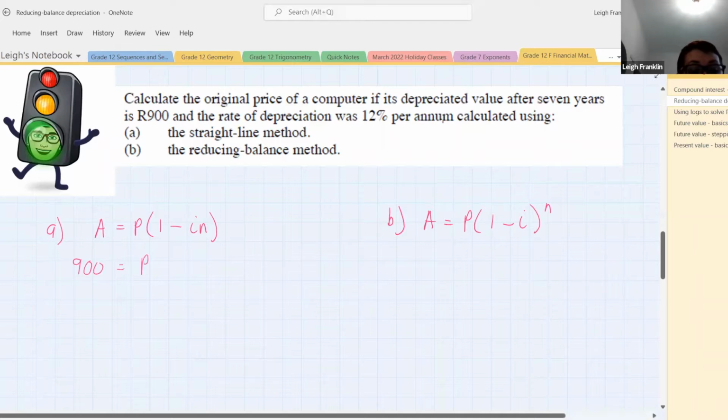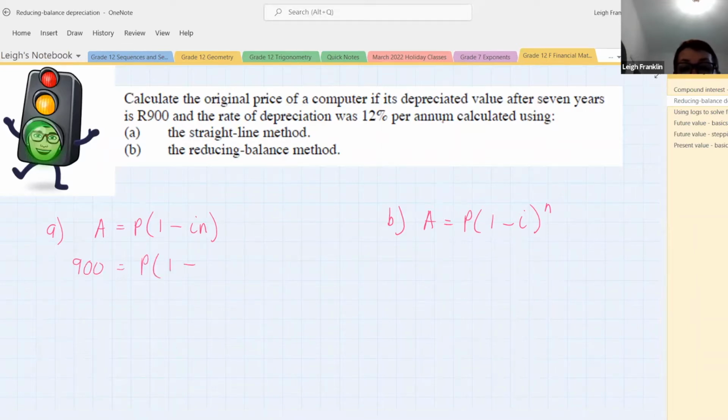So A equals P(1 minus our interest rate, which is 12% per annum, so that's 0.12), and it is depreciating over a period of 7 years. Now in order to make P the subject of the formula, we're going to take 900 and divide it by our bracket.